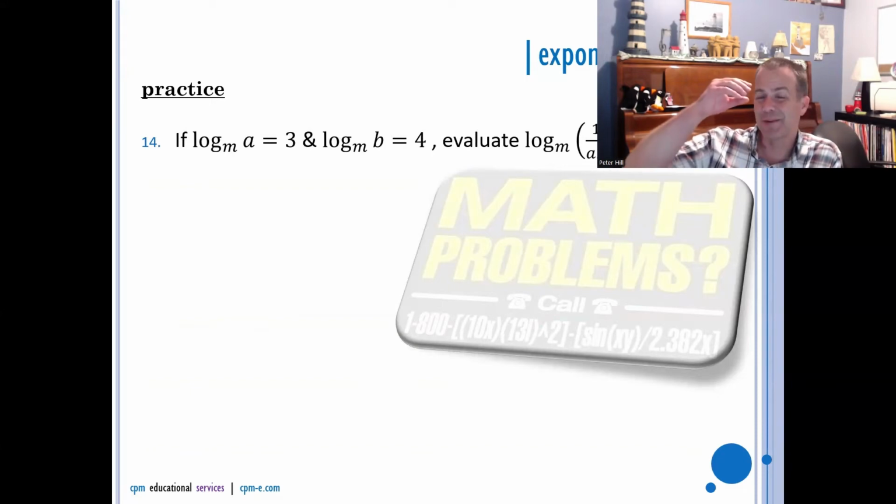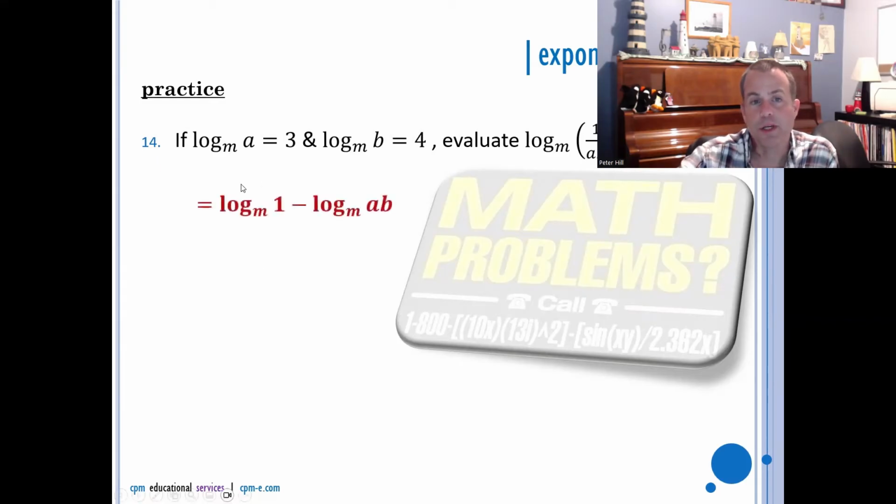First of all, you want to think about the fact that this is 1 divided by AB. So I'm going to expand this out to be separate logs by going log base m of 1 minus log base m of AB. Then I know that log base m of 1 is 0. The log of 1 in any base is 0.